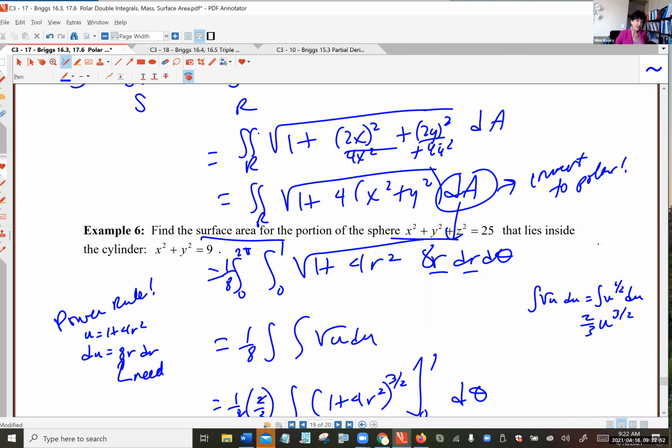Okay, let's go check it out. x squared plus y squared plus z squared. I'm just using the caret to do the squares. And that's equal to 25. So you guys should know that's a nice sphere centered at the origin, radius 5.